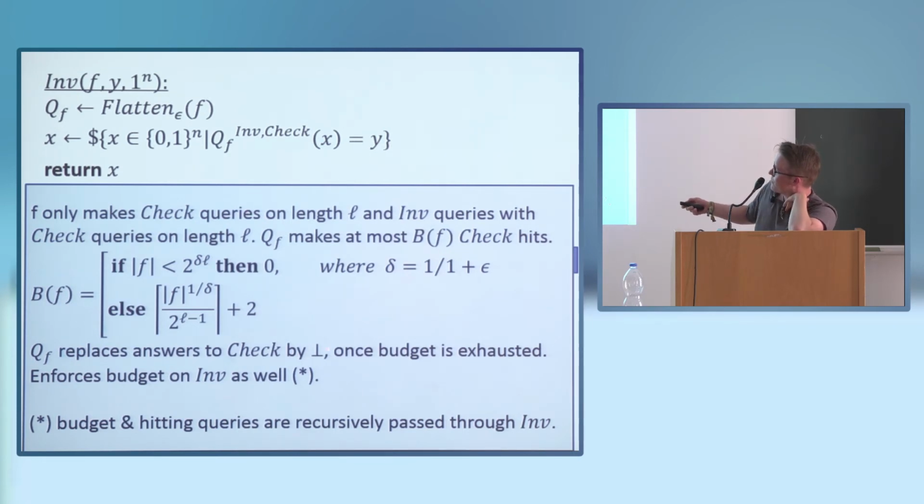QF replaces answers to check by bot once the expected budget is exhausted. The question is, what is a good expected budget?